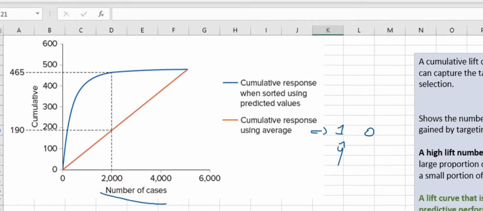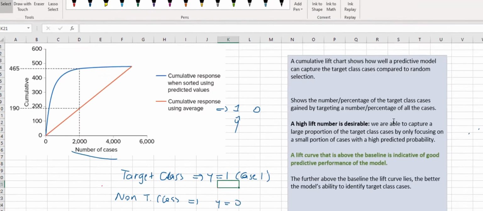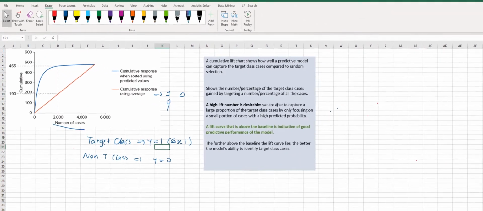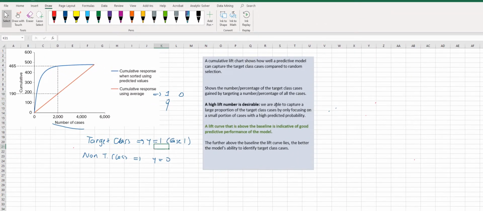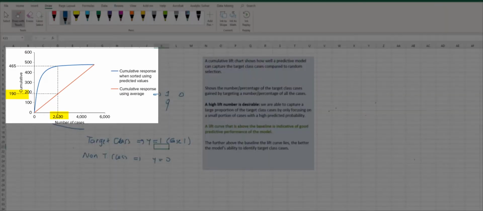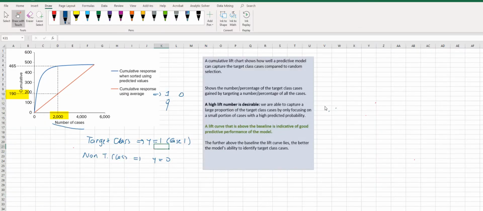So to find the lift, first we are going to find the percentage of target class cases predicted by our model, and then we will find the percentage of target class cases predicted by the random selection or baseline model. Here in this graph you see that the baseline model correctly identifies 190 of 2000 observations as target class 1, which is equal to 0.095. That is the baseline model.